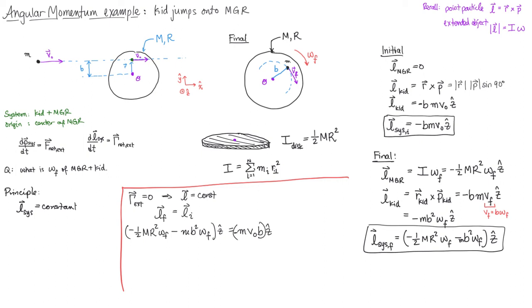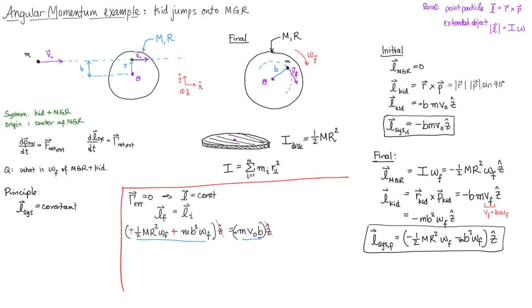Okay, so all of these minus signs cancel. We can ignore the z hat terms and just say that these quantities must be equal to each other. And our goal is to find omega f, so we can isolate and solve.